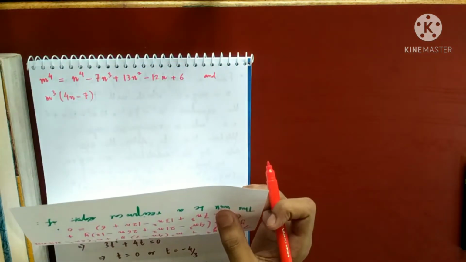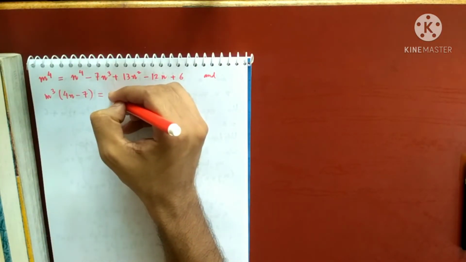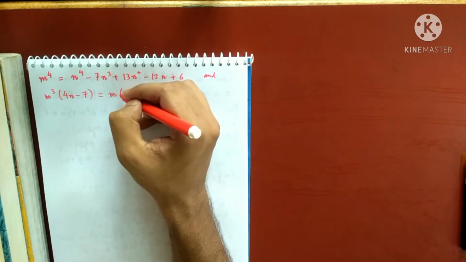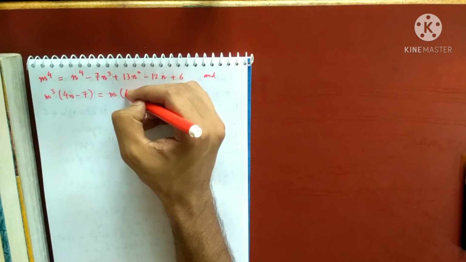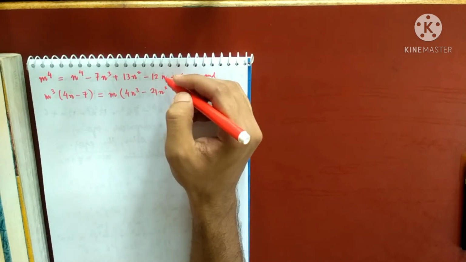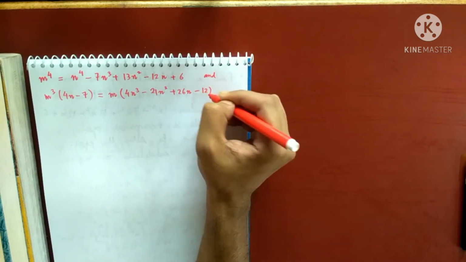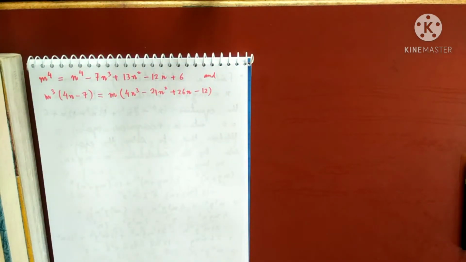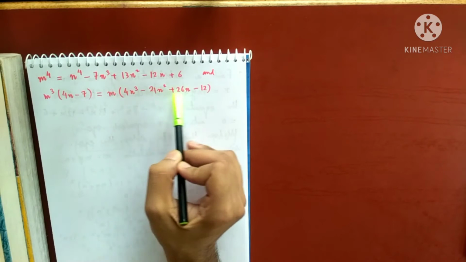The second coefficient must be same as the second last coefficient, which is 4n cube minus 21n square plus 26n minus 12. Because I want a reciprocal equation, the first coefficient must be same as the last one and the second coefficient must be same as the second last one.